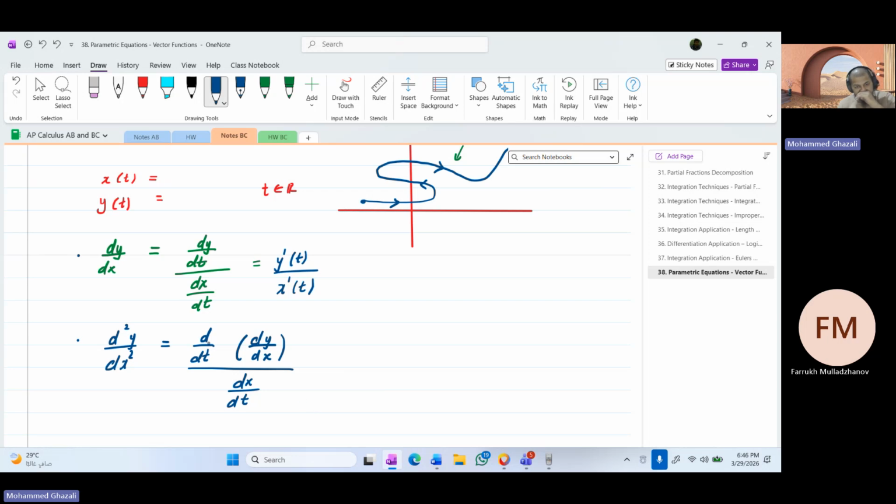So basically, I'm finding the second derivative of this function. If you cancel out the dt's, you get d squared y over dx squared. So this is basically the second derivative.